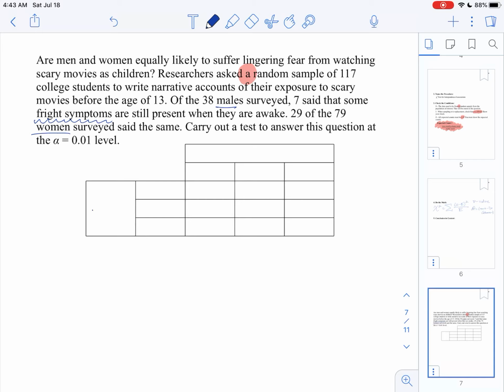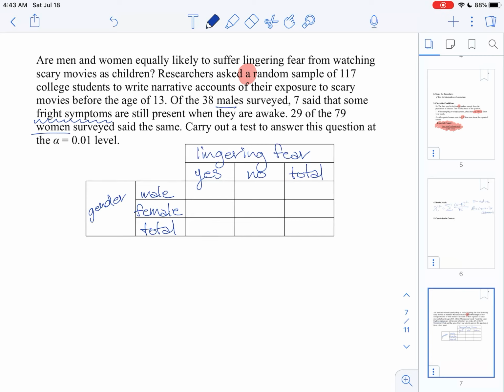So how about we put gender here and say male, female, and I always like to put the totals on there. And then we could say lingering fear: yes, they have lingering fear, or no, they do not. And again, we can put the totals in.